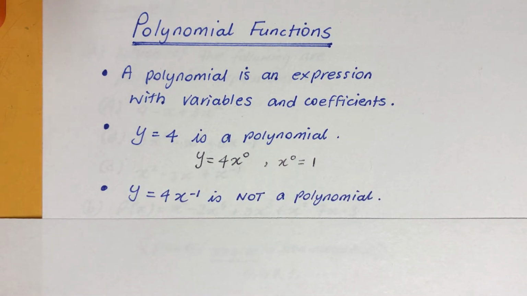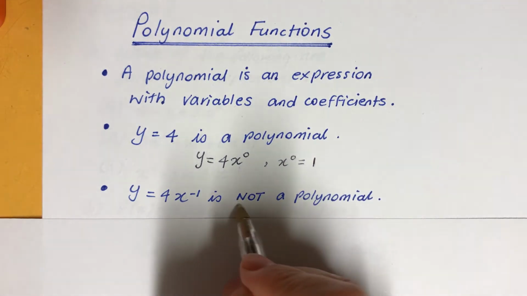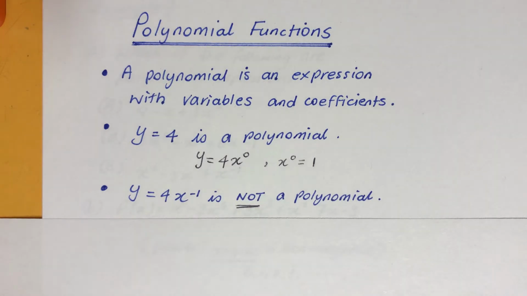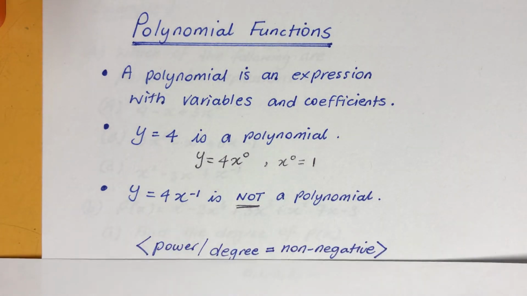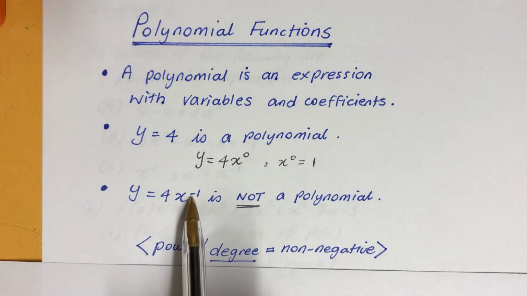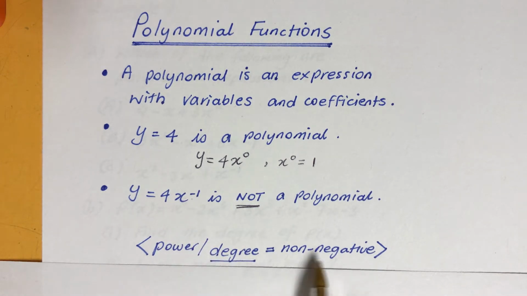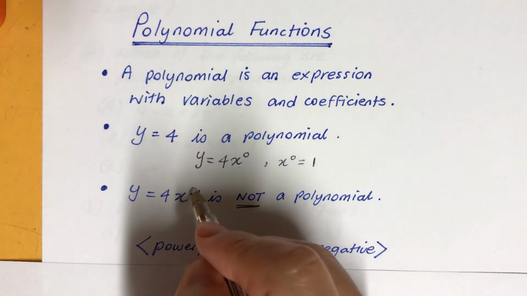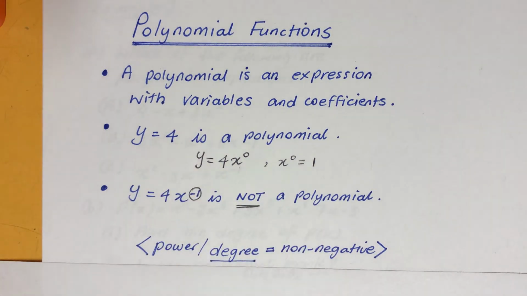But what about this one? y equals 4x to the power of -1. It's not a polynomial. Why? Because the power, which we call the degree here, needs to be non-negative. So this is a negative power.